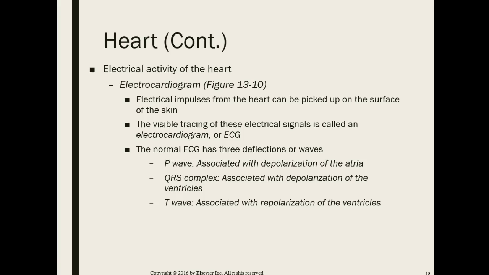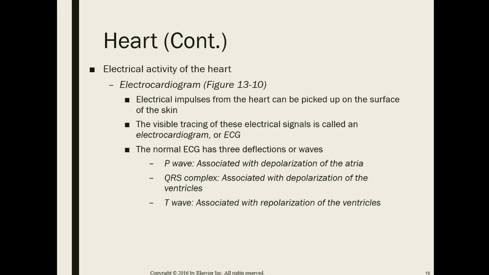So an electrocardiogram can be performed, which is a graphic recording of the heart's electrical activity. The electrical impulses from the heart are picked up on the surface of the skin. Normally there are little stickers that are put on the outside of the body, and then you'll see a visible tracing on the electrocardiogram, or ECG, EKG as well is another term for it.